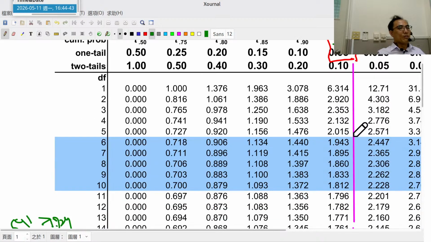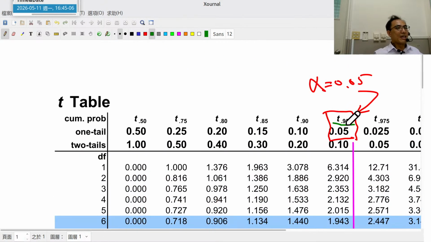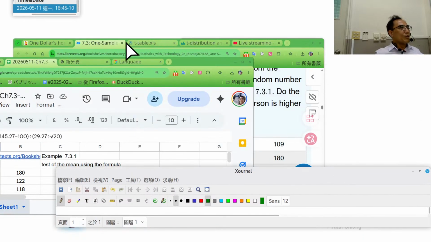Then we can move here and get the critical value 1.729. Since our calculated t-score is 6.9, greater than this value, we can say it's outside of it.